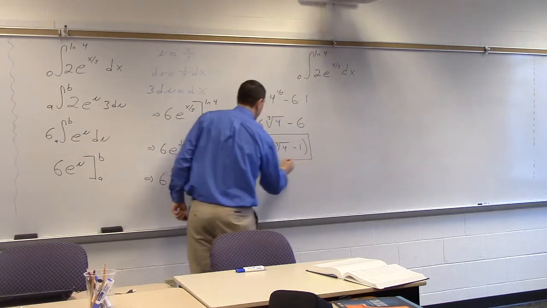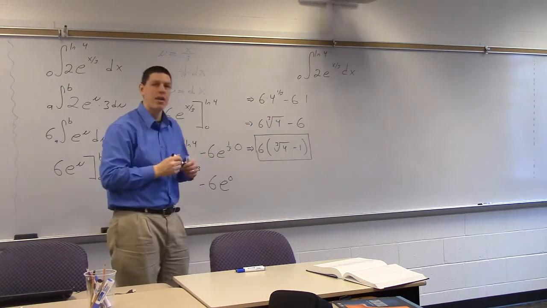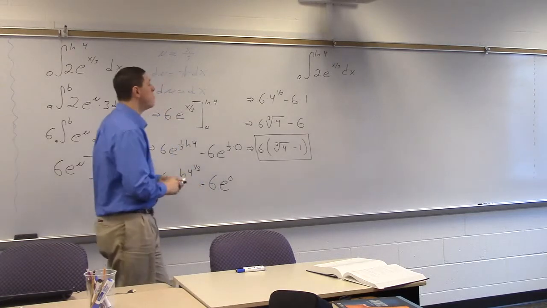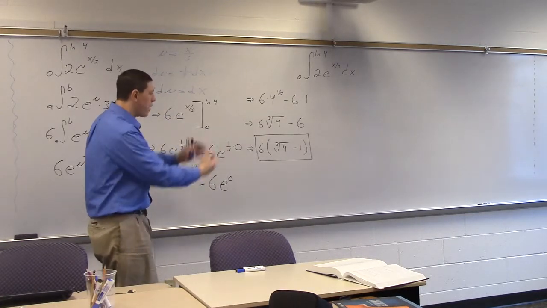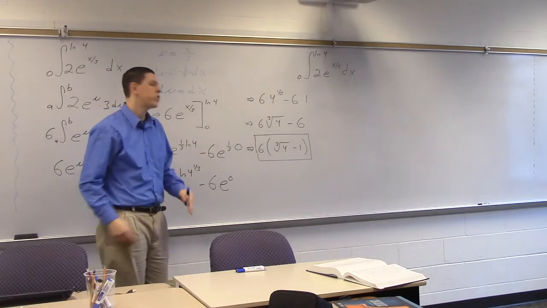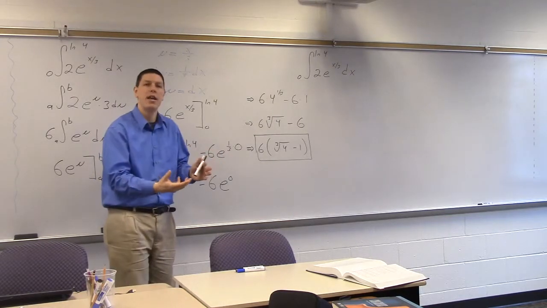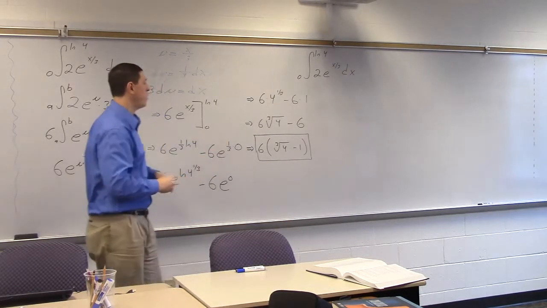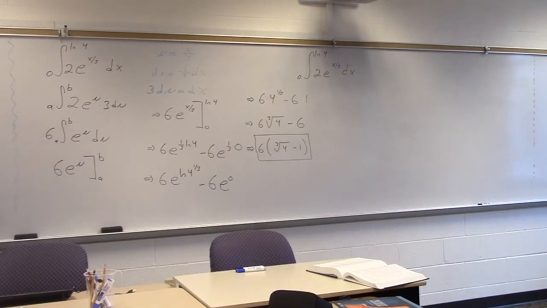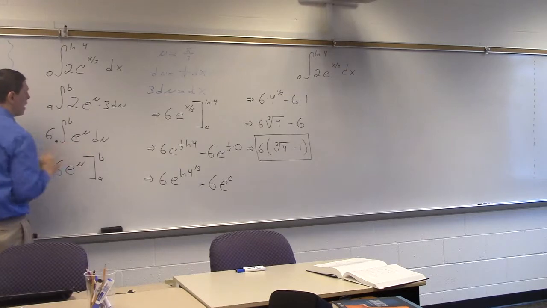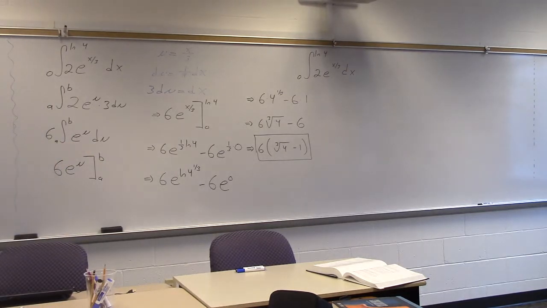Usually, this is going to be the back of the book answer, because most of the time, whenever you look in your textbook, they want you to factor anything, so that if there's any operations inside, you can do them discretely. So this is the dummy variable method. And again, all we did was use our u-substitution, and then once we got down to the u-substitution, we just plugged in the a and the b after the integration.